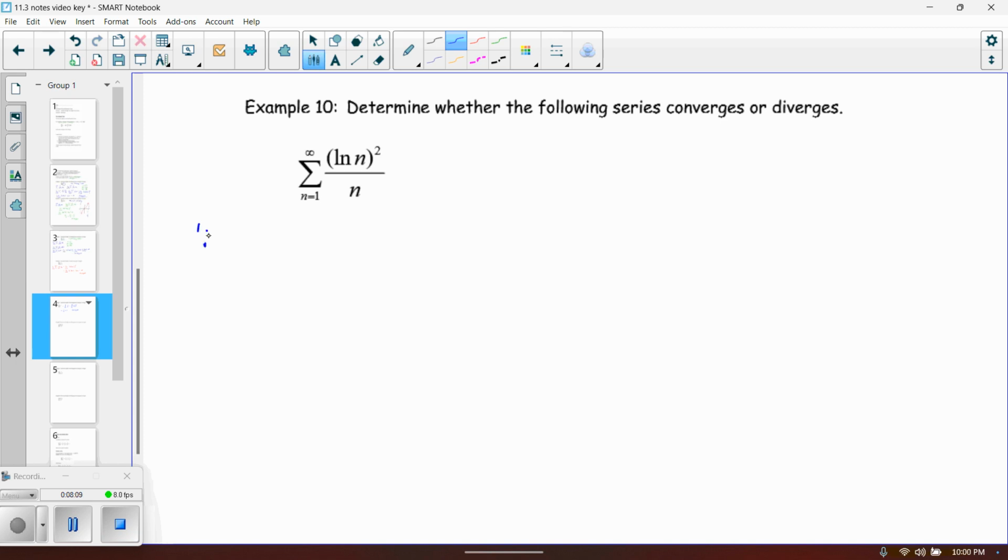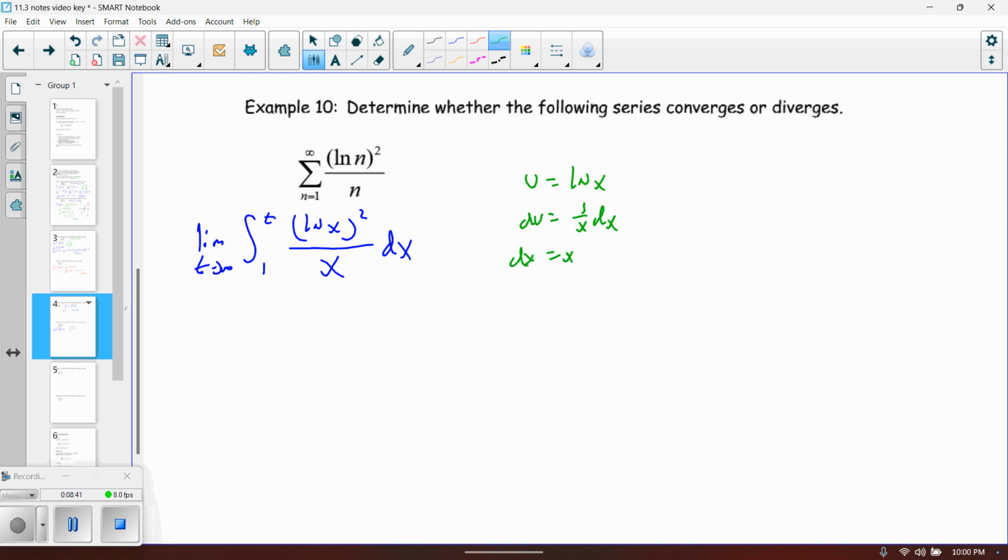So we'll have the limit as t goes to infinity of the integral from 1 to t, natural log of x squared over x dx. Looks like we're going to have to do another u substitution. So u here is going to be the natural log of x. Du would be 1 over x dx, making dx x du.